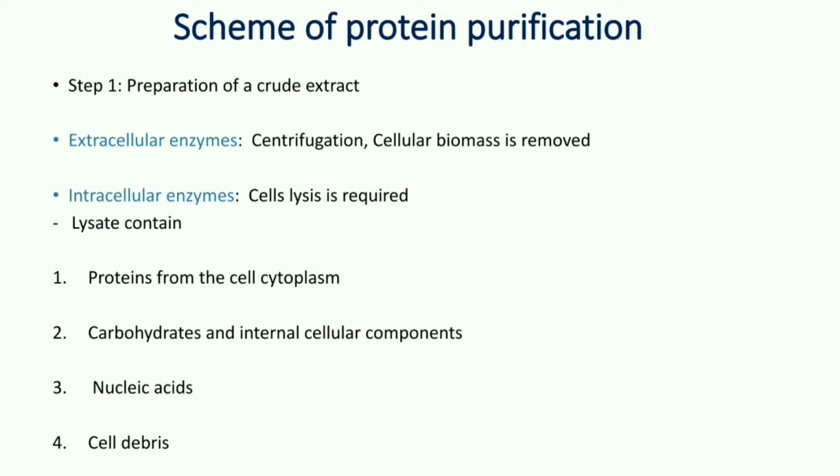We need to remove all these components to get a soluble fraction. The second step is the recovery of protein of interest from the supernatants, that is, enriching the protein sample.